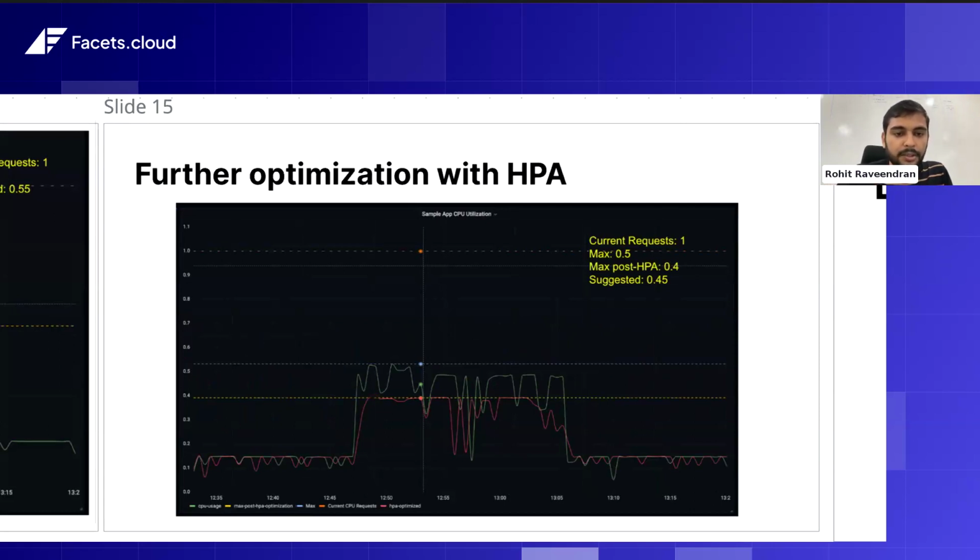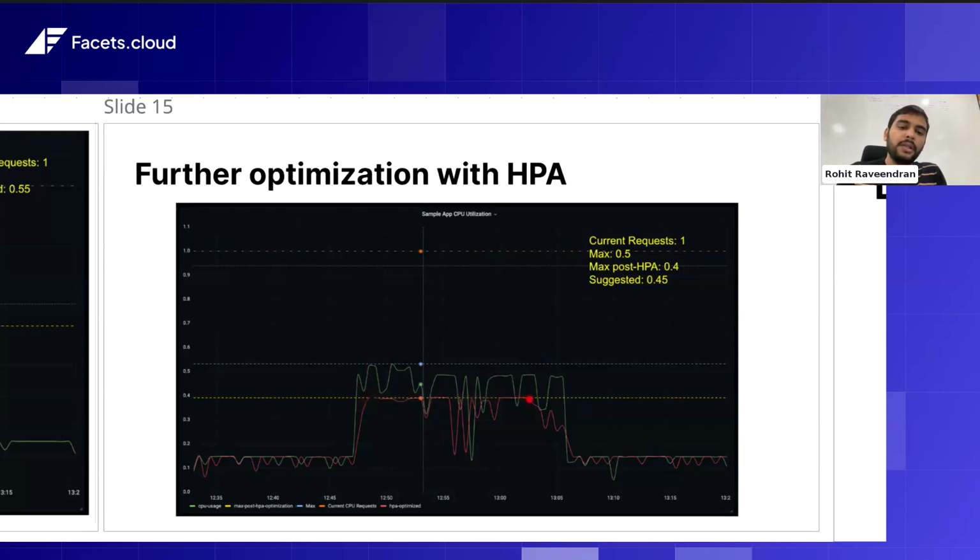In this particular case, 0.5 is the max it was going to. Now I have an HPA that would kick in around 0.35 to 0.4, that sort of range. The moment it starts spiking over that particular value, it would scale up and bring your max to a stabler level, right? Per pod, if you look at the utilization, it would come down from the previous max value.